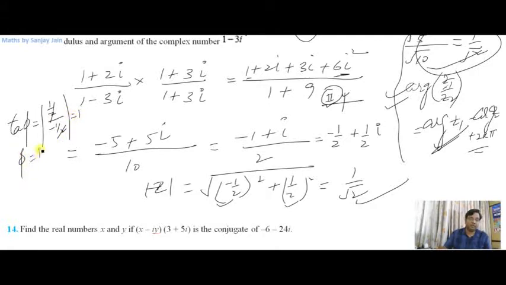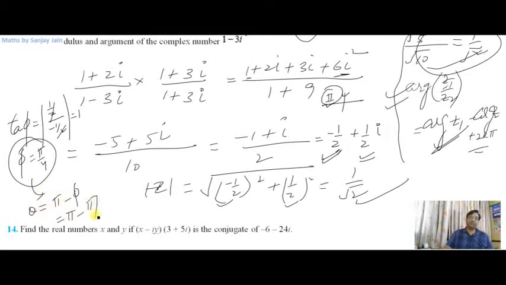So phi will be equal to pi by 4. Now I need to check the quadrant. The x coordinate is negative and the y coordinate is positive, so it is the second quadrant. In the second quadrant we write theta, or the argument, as pi minus phi, which is pi minus pi by 4, hence it will be equal to 3 pi by 4. This is the argument and this is the modulus.